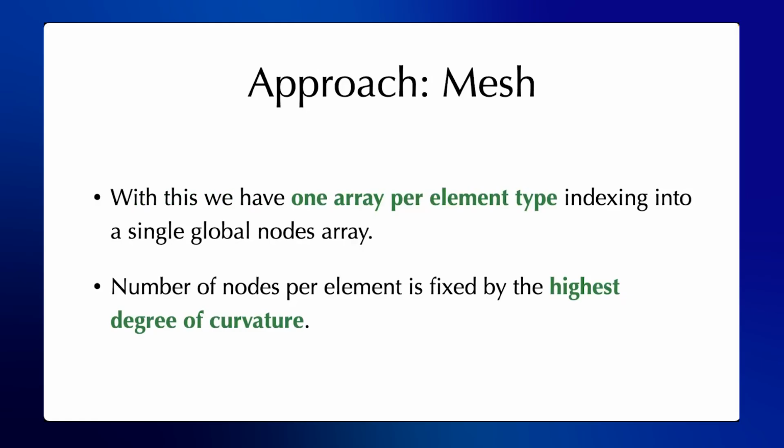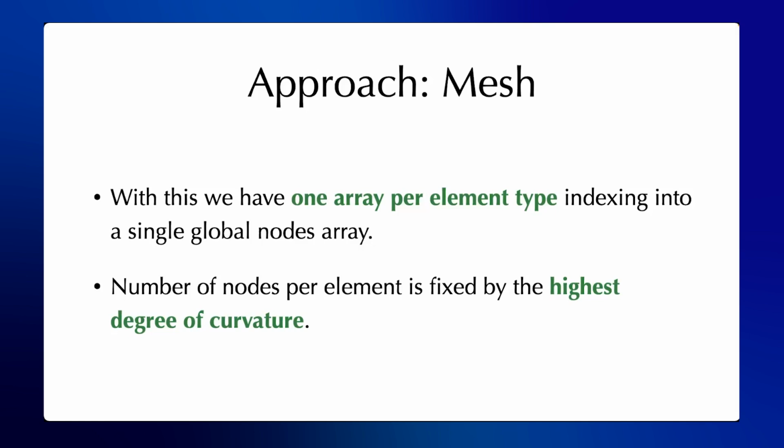So if you've got two different types of elements in your simulation, you'll have two arrays, and then you'll also have a nodes table. The number of nodes you need per element is fixed by the highest degree of curvature of that element. So if you have quadratically curved triangles, then you need 6 nodes to describe each of your elements.